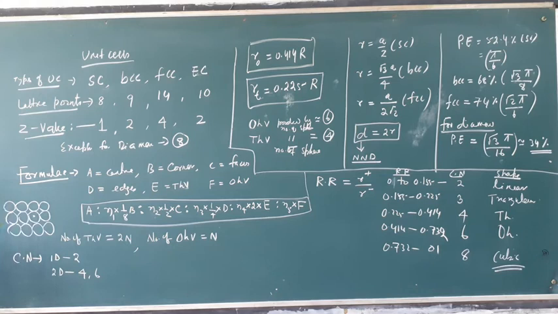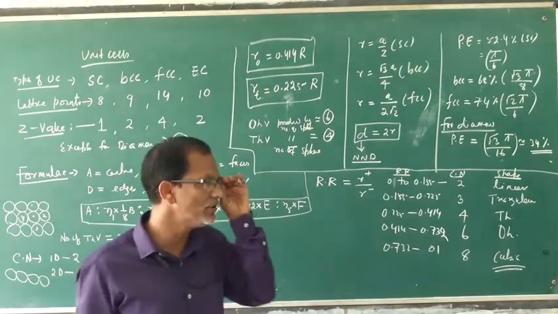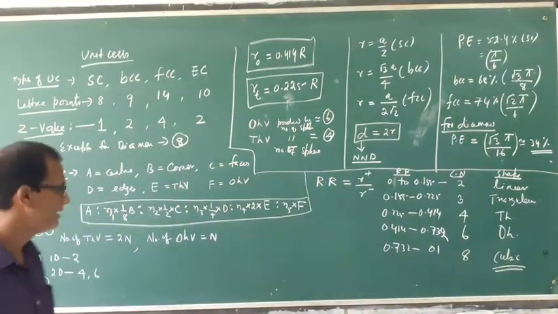How many spheres are directly touching? 1, 2, 3, 4, because these are not touching the central sphere. So coordination number 4. This was already discussed in the previous lesson. If you have not seen, please watch the previous videos in solid state.